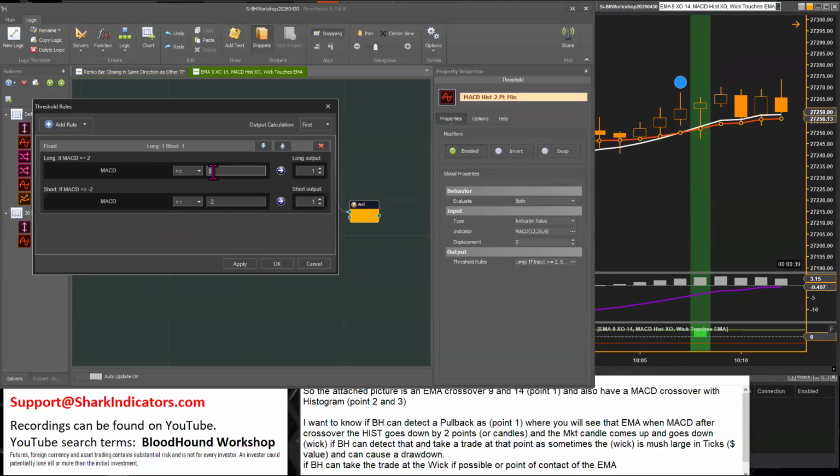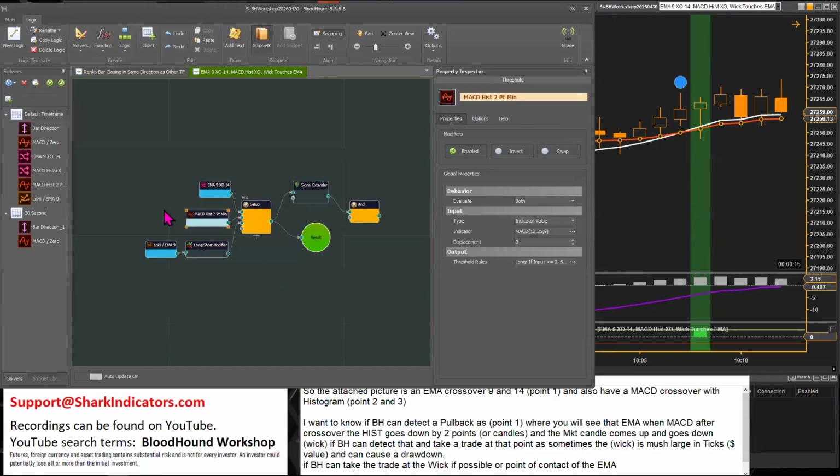You'll need to reduce it, maybe down to 1.5 or something like that. Or if you make your EMAs slower, then you may want to increase this value to something like 3 or 4, something like that.